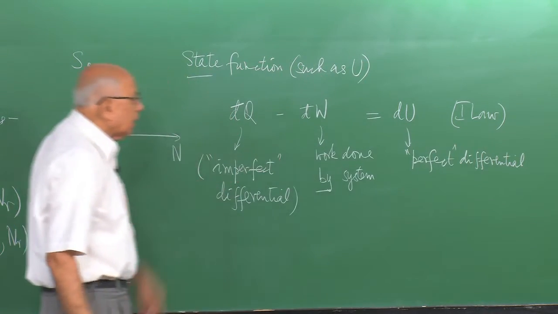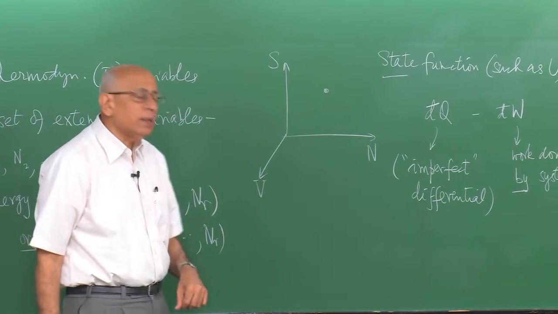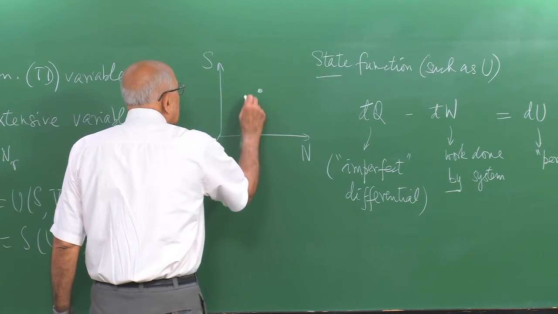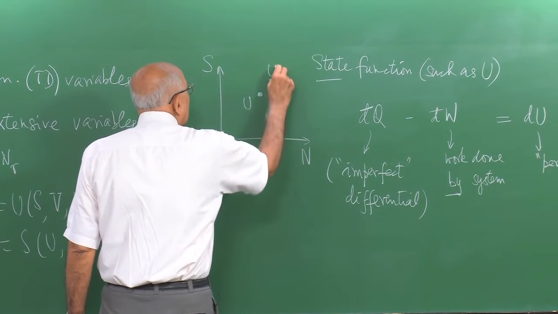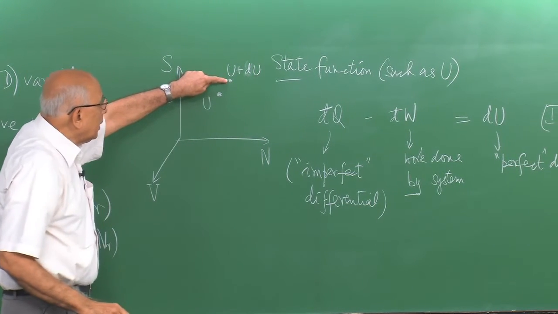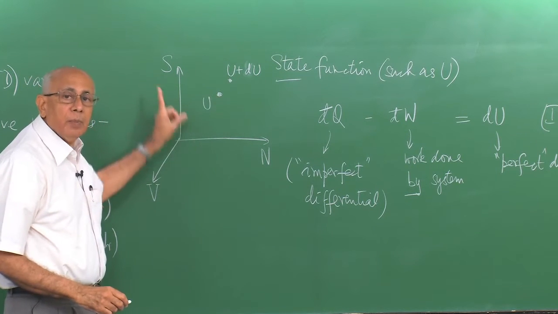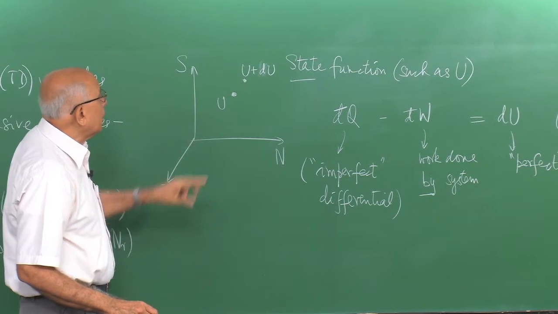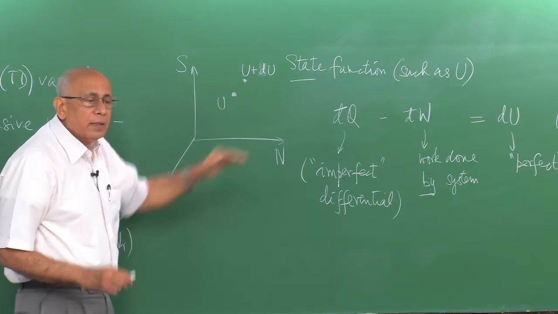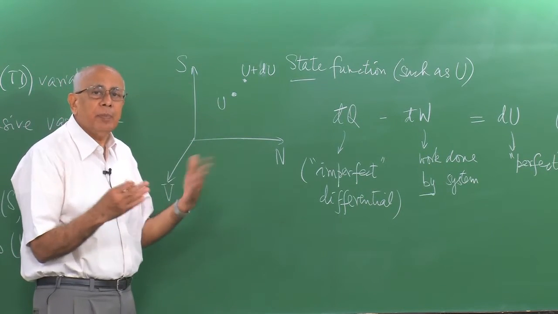And what is meant by that? What is meant by saying dU is a perfect differential is the same as saying that U is a state function. In other words, if at this point you have a certain value U and at this point you have a value U plus dU, which is attained by moving N a little bit, V a little bit, and S a little bit, and all the independent variables a little bit, then the statement is this is a perfect differential if you can write this dU as a linear combination of increments in V, N, S, and all the other independent variables.